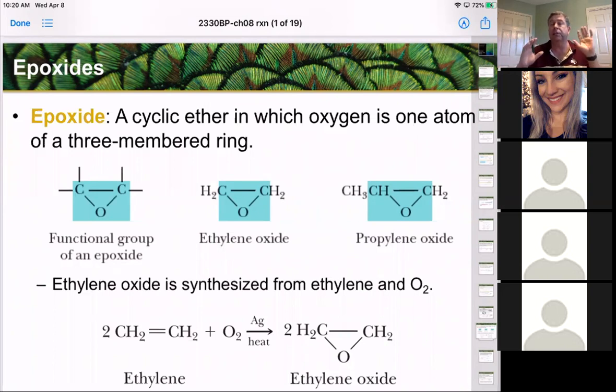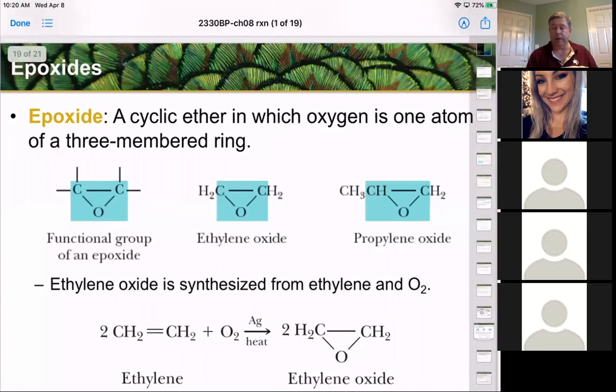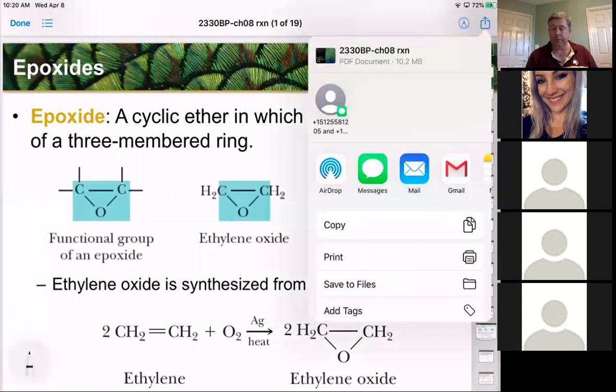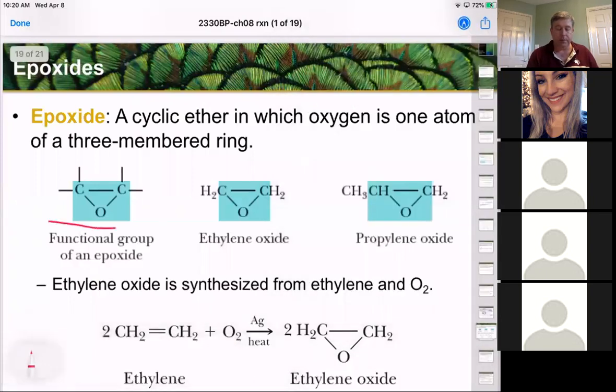So the only reaction of ethers we really care about is the one with the epoxide, and that's this three-membered ring here. Three-membered ring. So it's this epoxide, and it does one cool thing: when it's attacked by a nucleophile, it opens up. Okay, that's the major reaction it does.